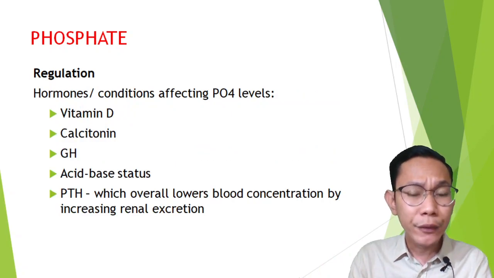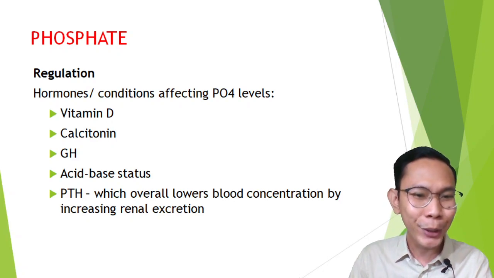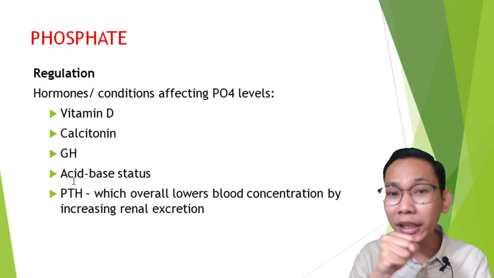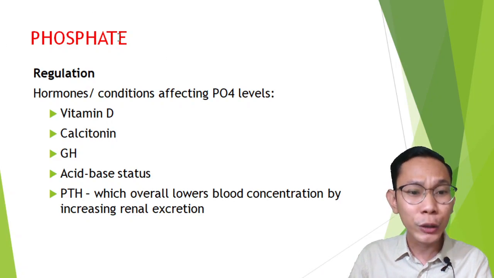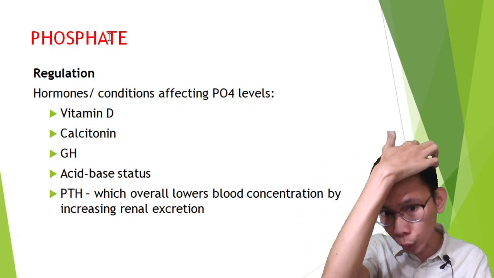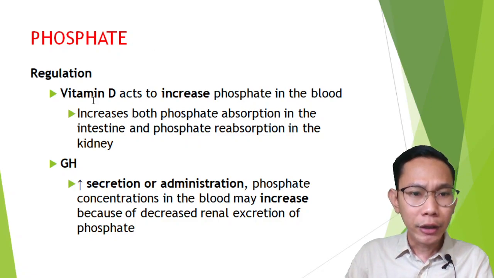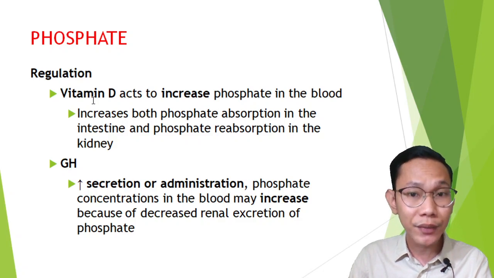So these are the different hormones or conditions affecting your phosphate level. Again, remember your vitamin D, your calcitonin, your parathyroid hormone, that is one involved in your calcium homeostasis. We already discussed what will happen to your phosphate level. But Doc, how about your growth hormone? Check natin. Again, for the regulation of your phosphates, your vitamin D acts to increase the phosphate in the blood.